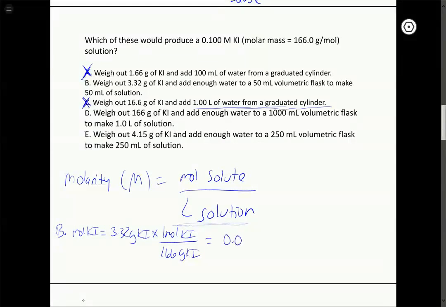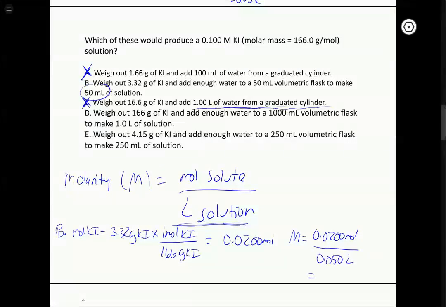So this is going to be 0.0200 moles, and then the molarity is going to be 0.0200 moles divided by the volume in liters. 50 milliliters of solution is 0.05 liters. And that gives us a 0.4 molar solution. Alright, so that's not the right molarity, so we can cross out B.